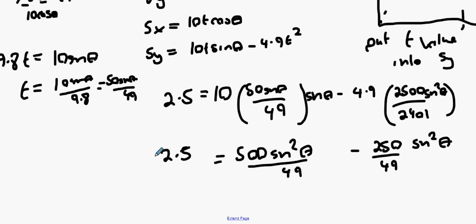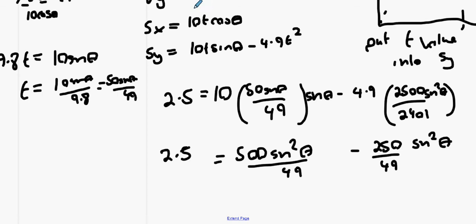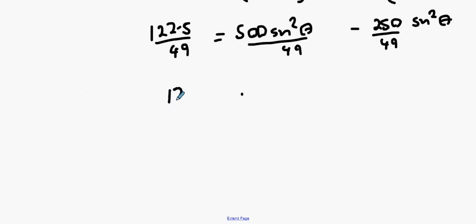which will convert into 49s in a second. 2.5 multiplied by 49 is 122.5. Alright, all the 49s are gone, and I should be left with 122.5 equals 250 sine squared theta.